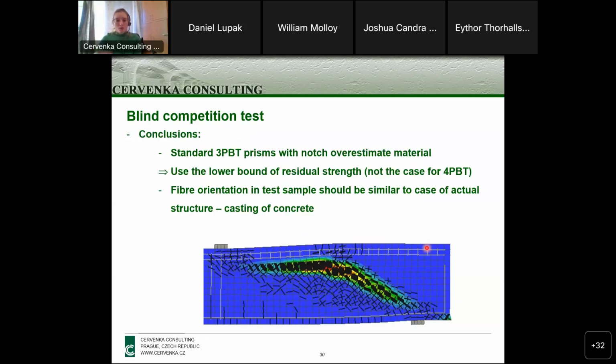So they pointed out two things that they found out during this parametric analysis. And it shows actually that the standard 3-point bending test on prisms with notch tends to overestimate the material. It's because you're definitely defining the point where the prisms during the tests are going to collapse.